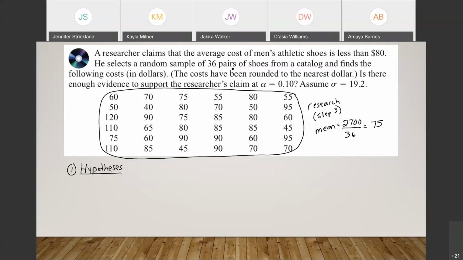All right, do we see a keyword? Less than, yeah. That tells me that my H1 should be less than 80. The H0 should be equal to 80 because it always is. Which one's your claim? The second one. A researcher claims that the average cost is less than 80.